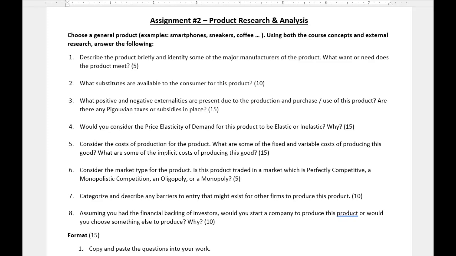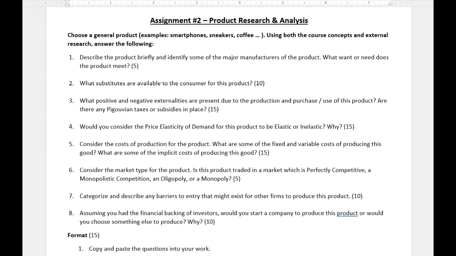So the task is to pretend that we're in business and we are considering entering into the market for some type of product. And we want to be thinking from an economic point of view, considering some of the ins and outs of what would be involved in competing in this particular market and maybe having an economic understanding of what it is that we're looking at.